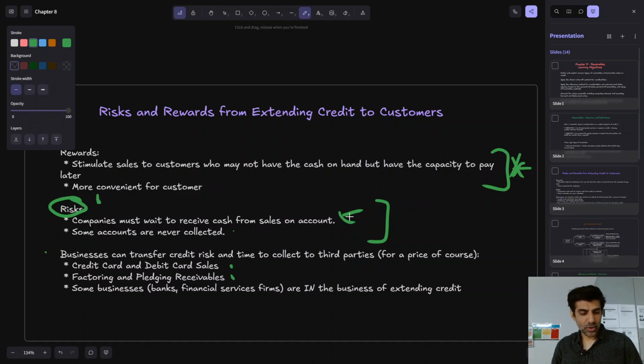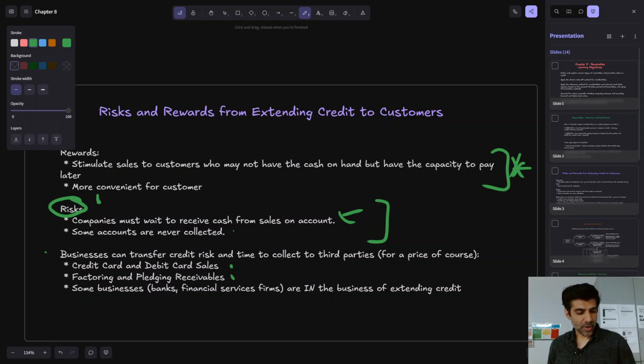You can also use accounts receivable as collateral for a loan. This is called factoring or pledging receivables. So basically, if you had a bunch of receivables on your balance sheet and you wanted the cash right away, you could kind of sell them or pledge them to a financial company. They will give you the cash up front.